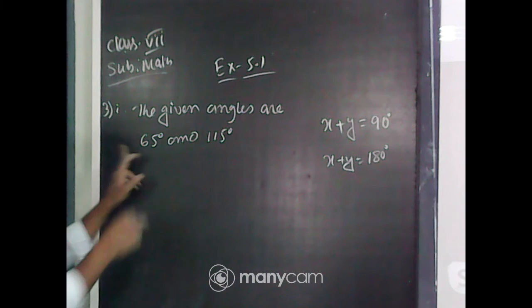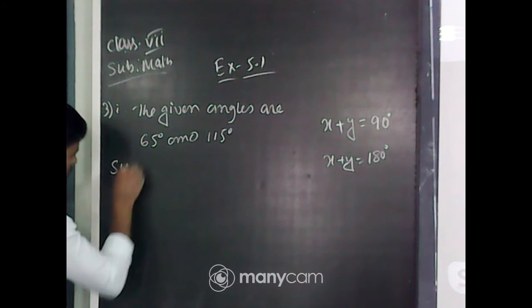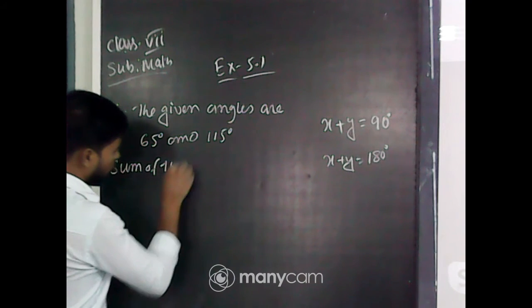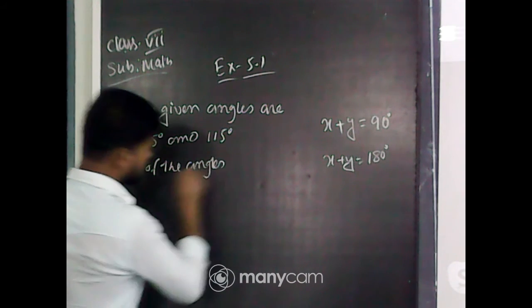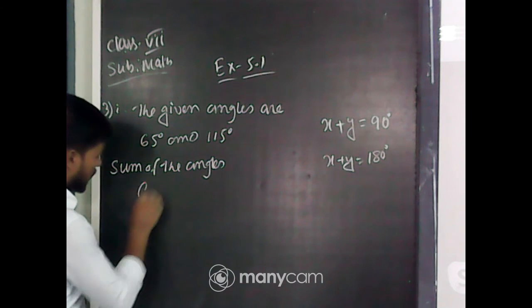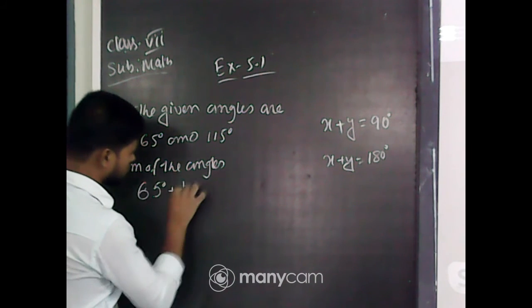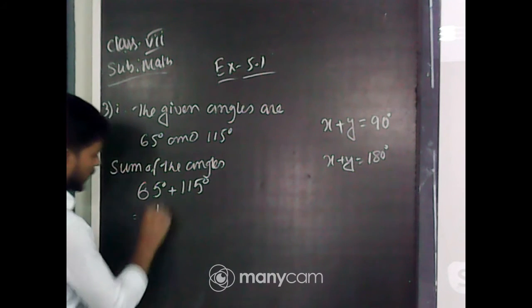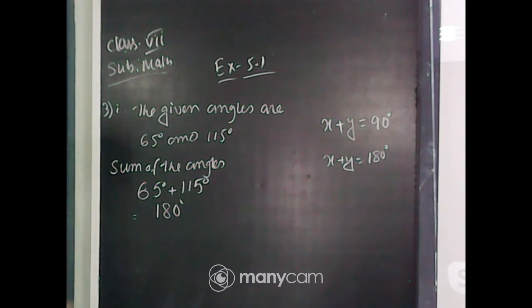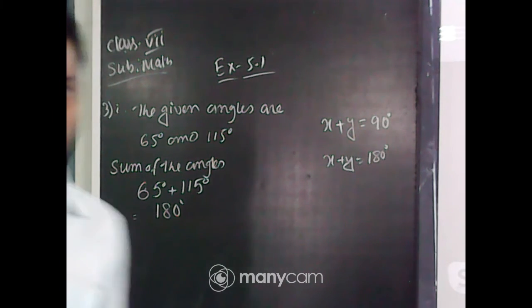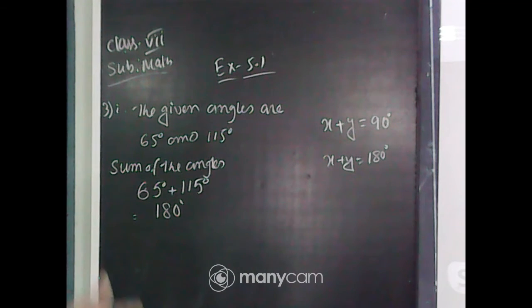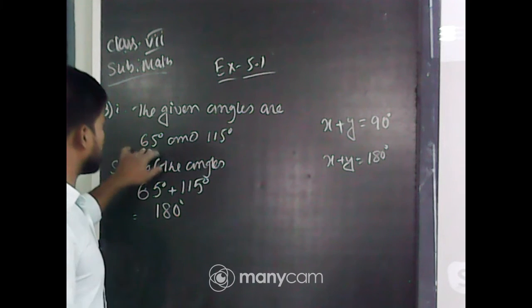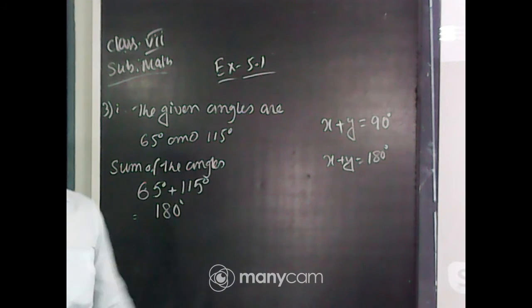So just add the angles. The sum of the angles is 65 degrees plus 115 degrees. If you add them, you can see that the result is 180. And as the sum of the angles is equal to 180 degrees, we know that the angles are called supplementary angles. So here the angles 65 degrees and 115 degrees are supplementary angles.